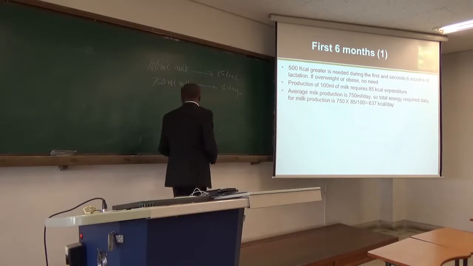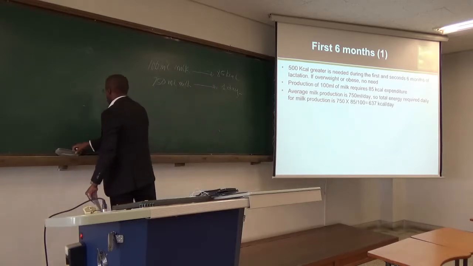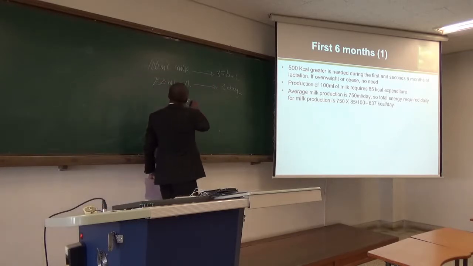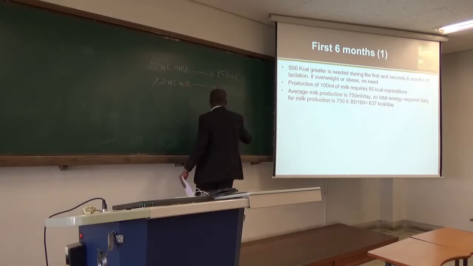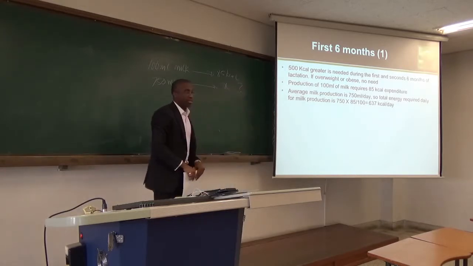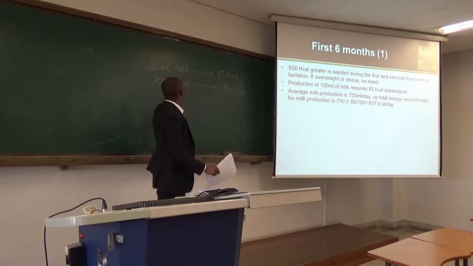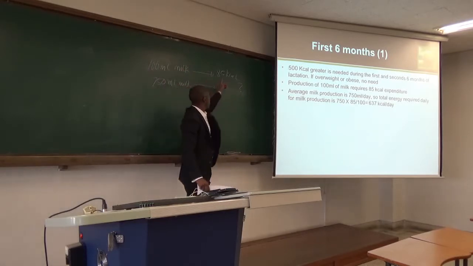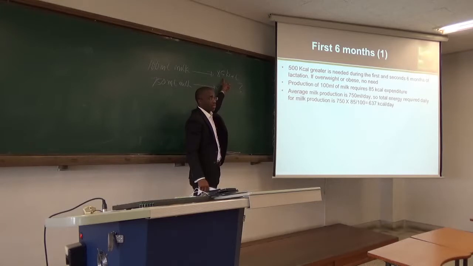It's the simple rule: if I ask myself how much energy X do I need every day, look at it again. For 100 milliliters of milk, I spend 85 kilocalories per day.